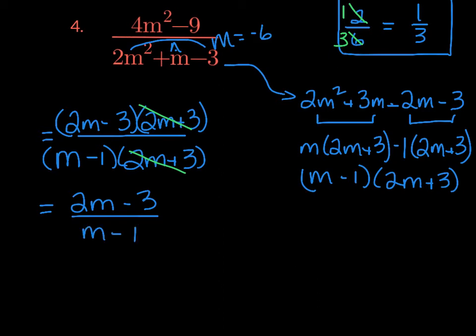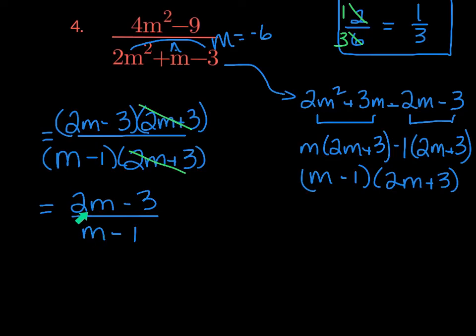Now, the only way you can cancel anything in the numerator and the denominator is if they are exactly the same, okay? So you can't cancel anything unless you have them being exactly the same. So sometimes kids are a little tempted to take this m and this m and cancel them out.